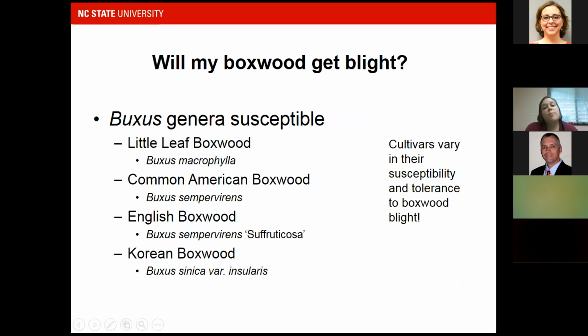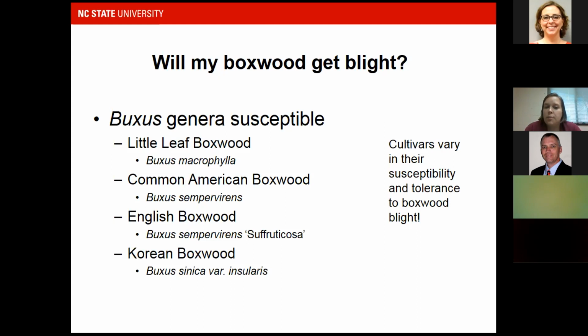So will your boxwood get blight? All the Buxus genera are susceptible, and I have some of the ones that we commonly hear about listed here. The cultivars will all vary in their susceptibility and tolerance to boxwood blight, but there's not one specific species that's better than another. So it's important to make sure you're looking at what cultivar is listed. There are some different places to find that information.